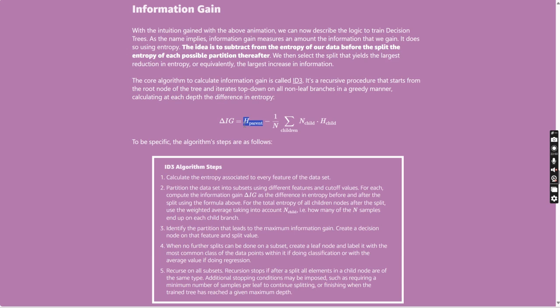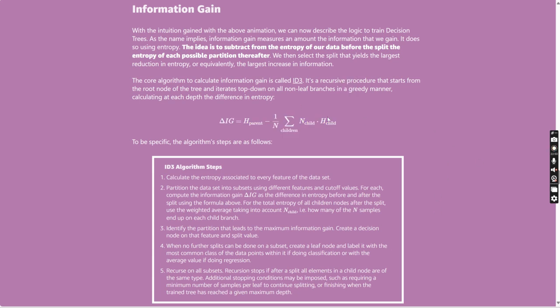H is the parent entropy. How much entropy did the parent have? That we calculate. From that, to get the information gain, we subtract the entropy of each child node weighted by the number of samples in the child, divided by the total number n. This formula gives us the information gain.